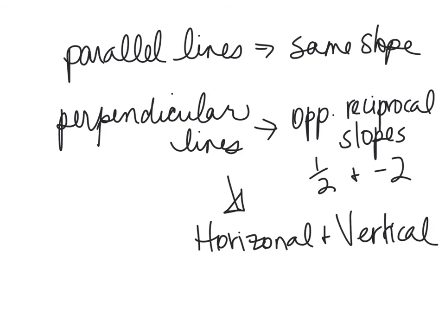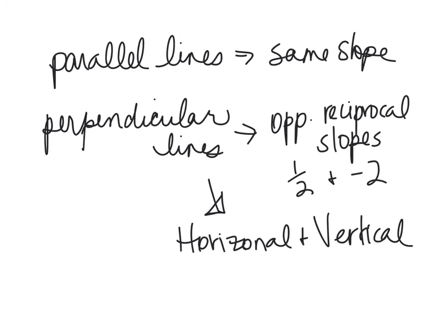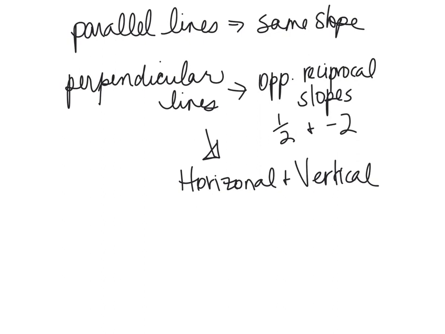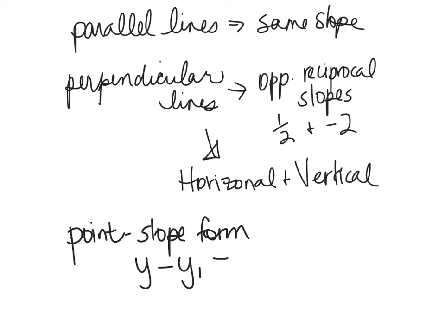Okay, so also we want to make sure we know the point-slope form, right? Because we keep using that. So that's y minus y1 equals m times x minus x1. So once we know the slope that we want, remember we did the steps yesterday. First we get the slope of our original equation.